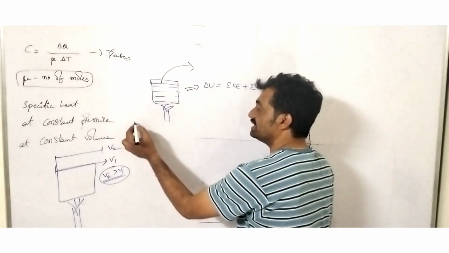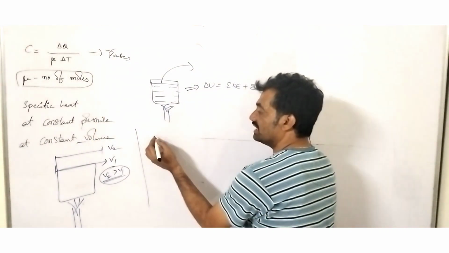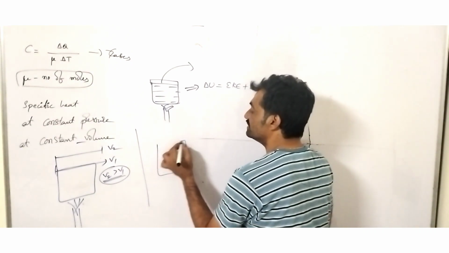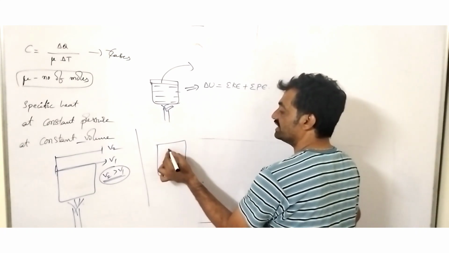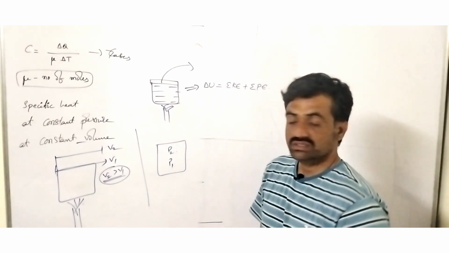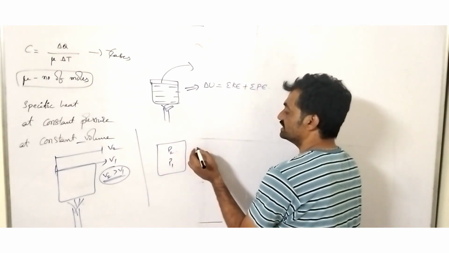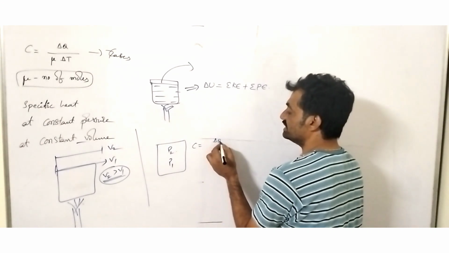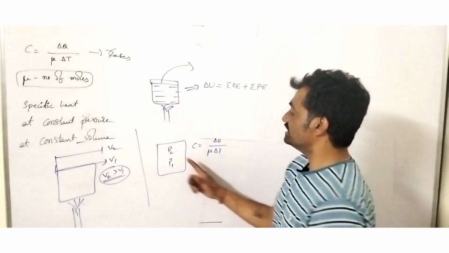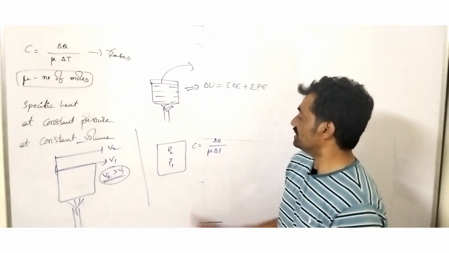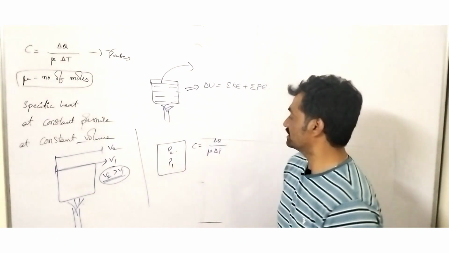Similarly, when we consider the specific heat at constant volume, here the pressure of the system has changed. If we consider the initial pressure as P1 and the final pressure as P2, then as the pressure changes, we can represent the specific heat as C equals delta Q by mu into delta T. As you know, pressure is directly proportional to temperature. With respect to change in pressure, temperature changes.